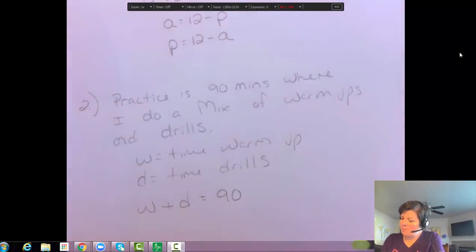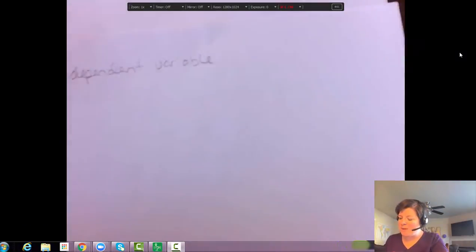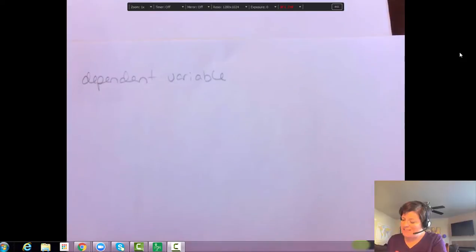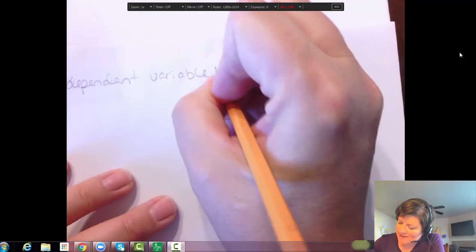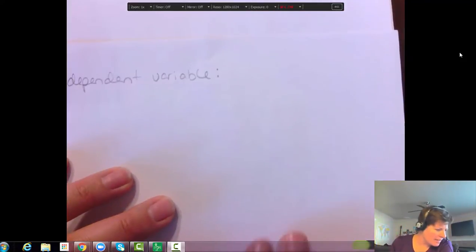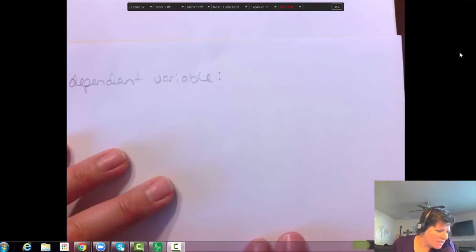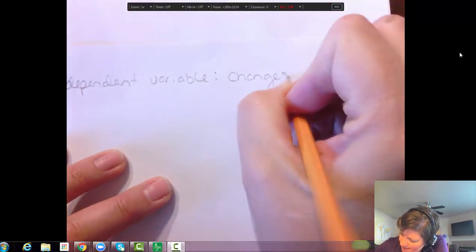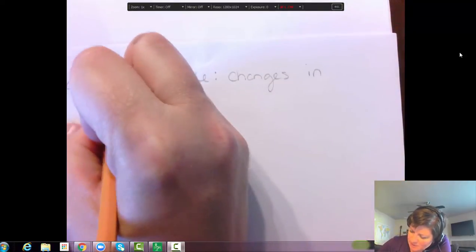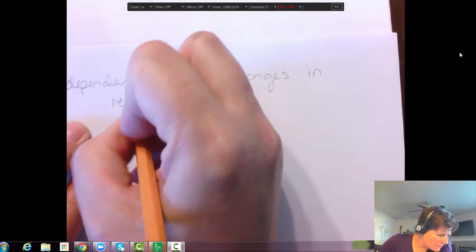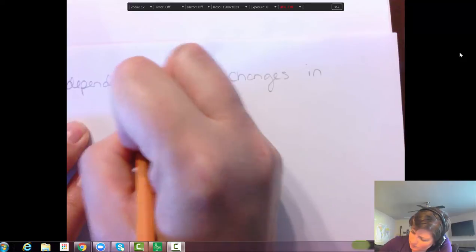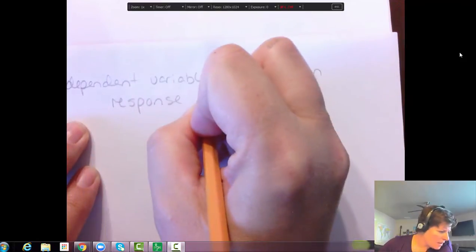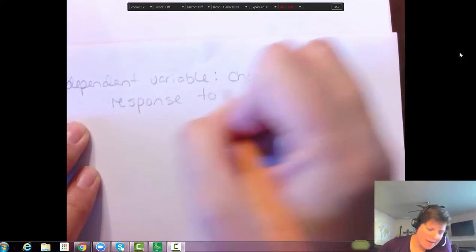What we're going to also look at is two definitions of dependent and independent variables. So dependent variable, what is the definition? This is a variable that changes in response to another variable.